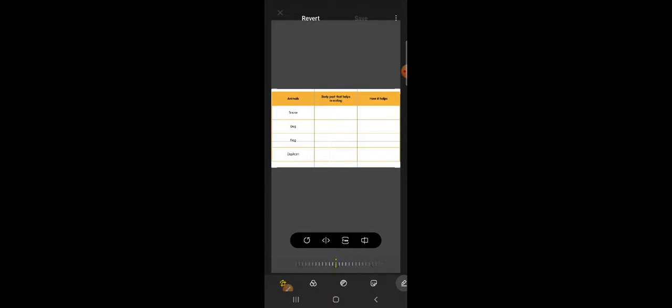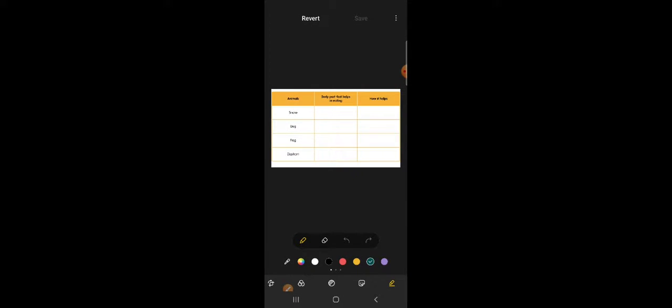It is divided into three parts: the first is animal names, and the second is the body parts that help in eating and how they help. We will fill in the body parts now, and after observing the video we will fill in how these help.